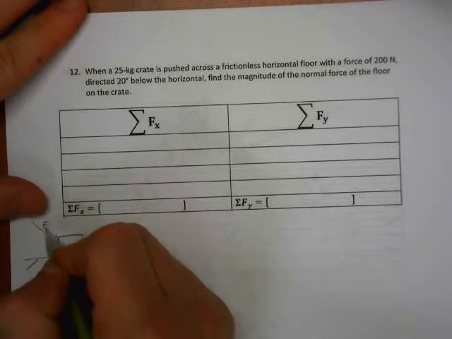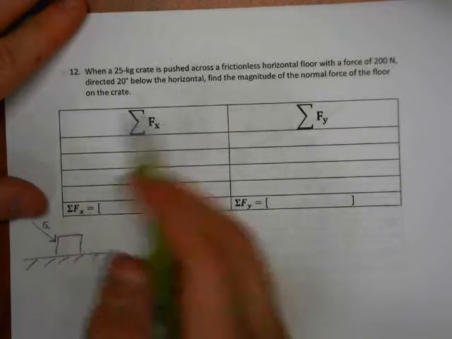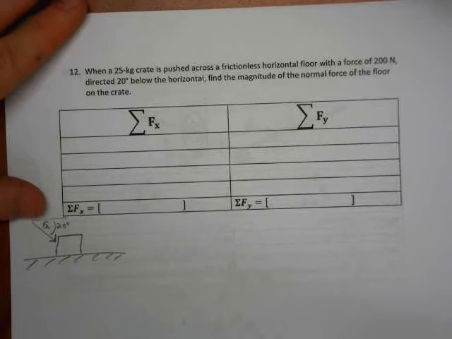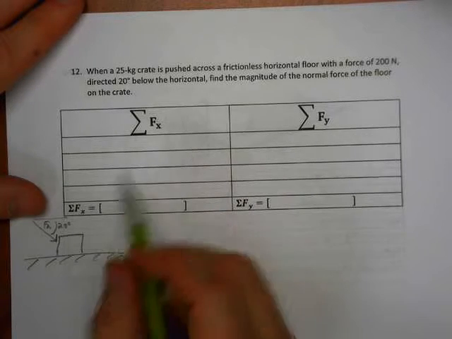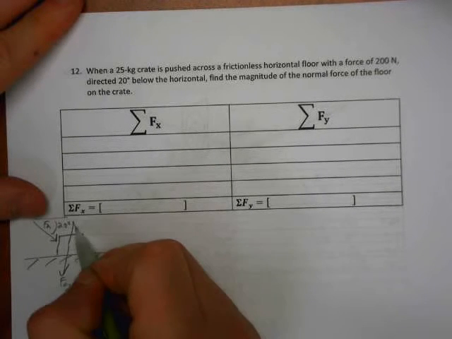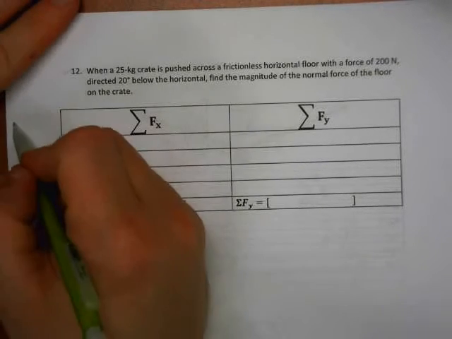I'm going to come in with this force FA, 20 degrees below the horizontal, and we have FG, we have the normal force. So let's write down what we know.